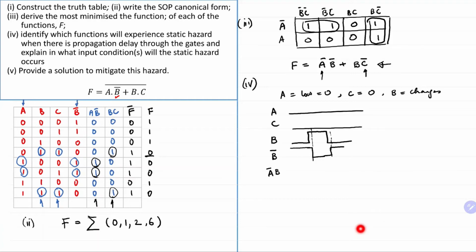A bar, B bar. So A is 0, A bar is 1, B bar is 1, 1, 1 gives you 1, and then B bar becomes 0, so you go to 0. But again, there is some delay.